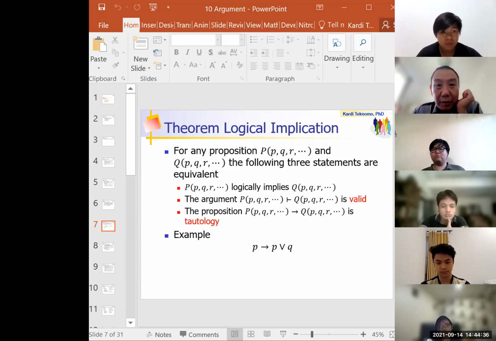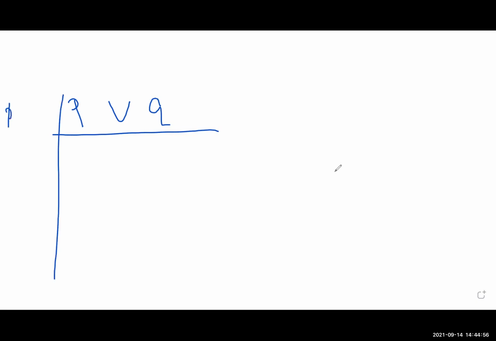Let's make it into whiteboard. So, you have P or you have Q. What is the possible value of P? What is the possible value of Q?